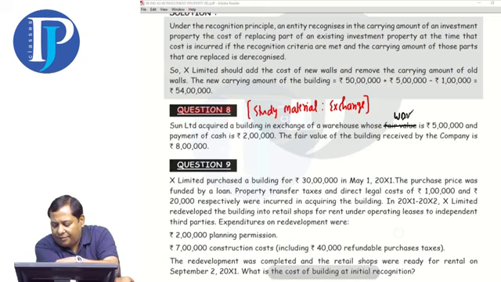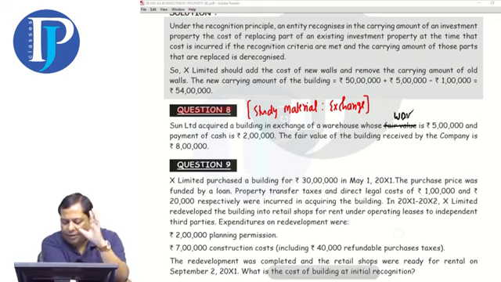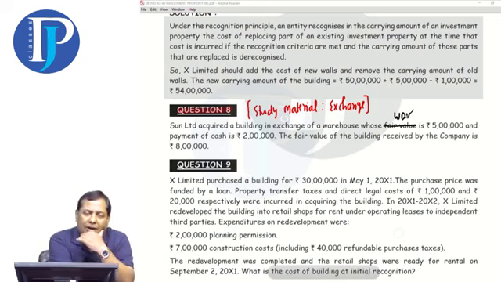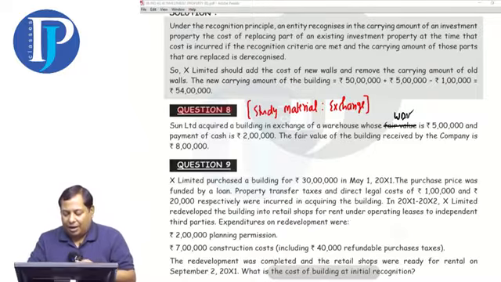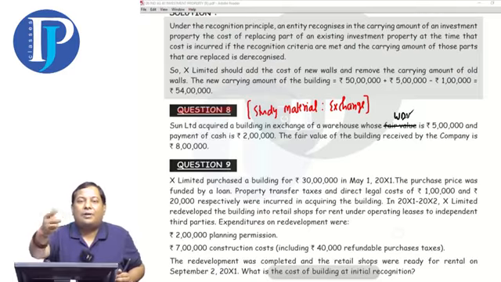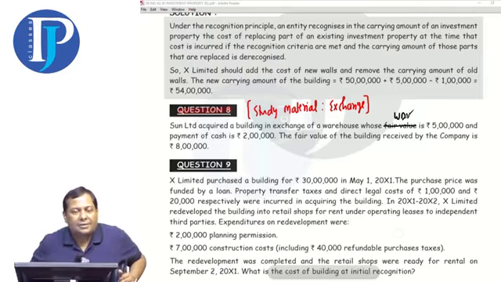If I remove the word fair value from this question and write WDV, will your answer change? Please think. The answer should change because now case 2 and case 3 are not present. Our case 1 has changed. How did case 1 change?